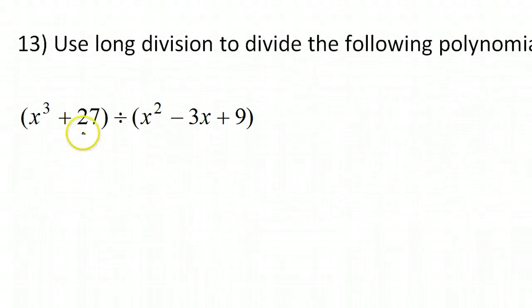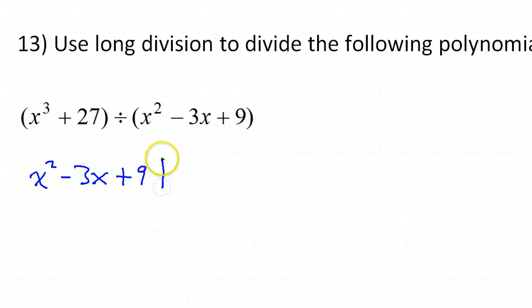Long division. Setting up this long division problem, you got to be careful which one of these goes under the division symbol. So we will actually put the x squared minus 3x plus 9 out front. And then under here goes the x to the 3rd power.